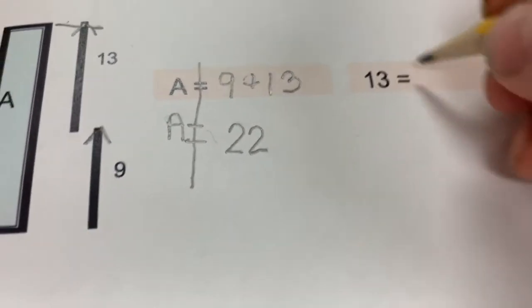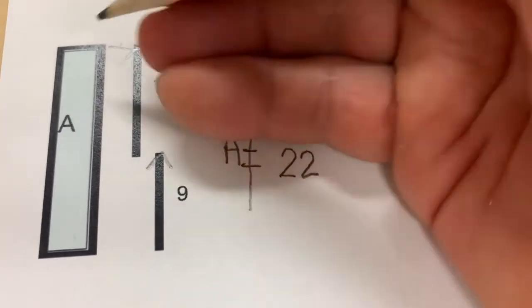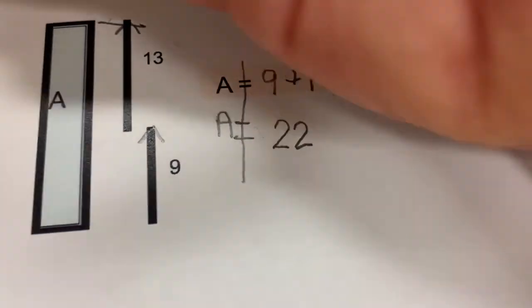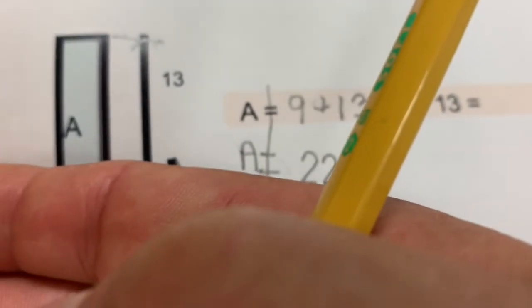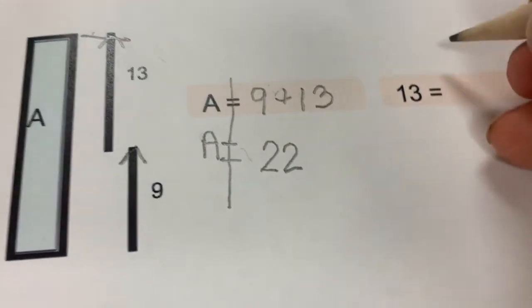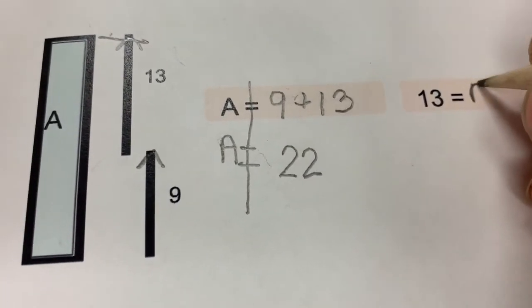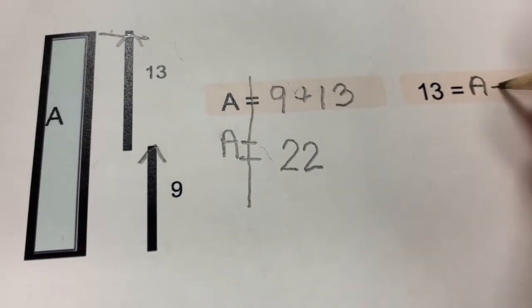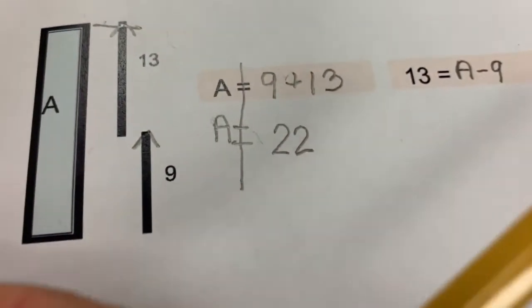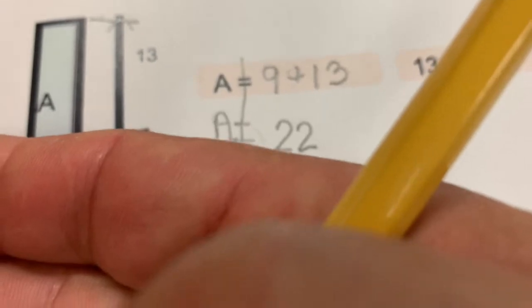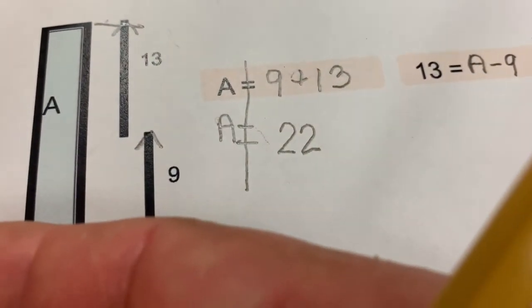How would I get 13? To get 13, I would start with all the stuff, and I would take away this 9. I'm going to write that down. All the stuff, and take away that 9 section at the bottom. Now you see what we're going to have to do to solve it. We're going to have to put the 9 back to get all the stuff.